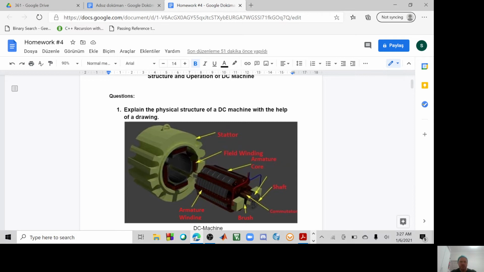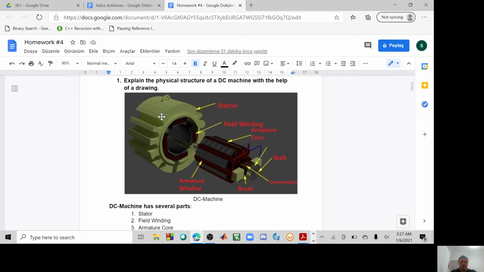Explain the physical structure of a DC machine with the help of a drawing. By the way, these drawings are not my work. I took them from Google, but I made some minor changes. I added the names and arrows, so I worked on them also.